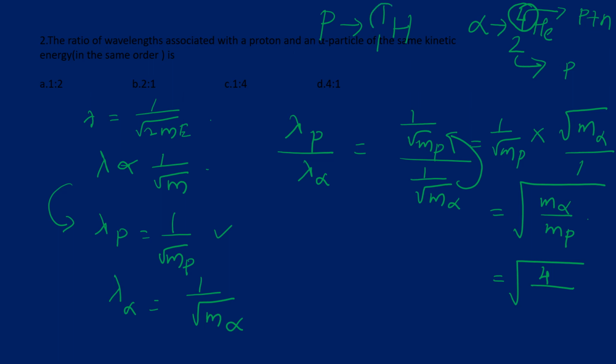Here the upper number represents the mass number, so we can take mass of proton as 1. So you will get square root of 4 by 1, or 2. So the correct option is option B, 2:1.